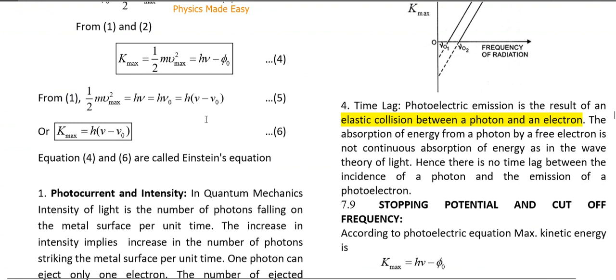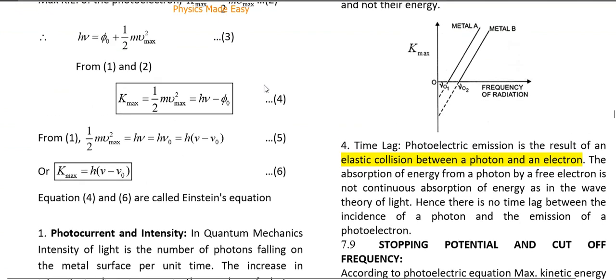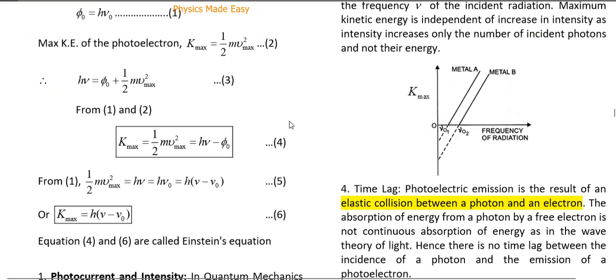Now these are two forms of Einstein's equation. The one is this, you can also write it like this, which I have written. So it's quite easy, we have just derived this equation. So there are two forms. One form is this, that is K max, half m v max square, is h nu minus phi naught.